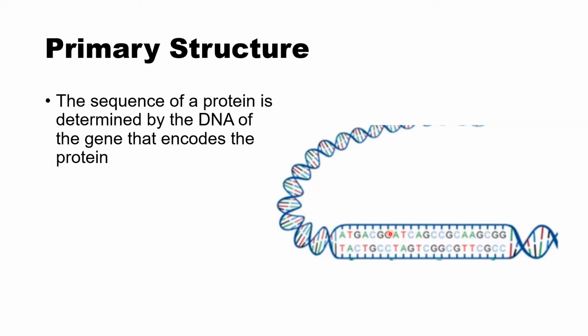So, pag may nag-change doon sa DNA sequence, pag ito pinalitan mo ng C, pag ito pinalitan mo ng G, it may lead to a change in the amino acid sequence kasi iba na yung na-produce mo na amino acid. Even changing just one amino acid in a protein sequence can affect the protein's overall structure and function.